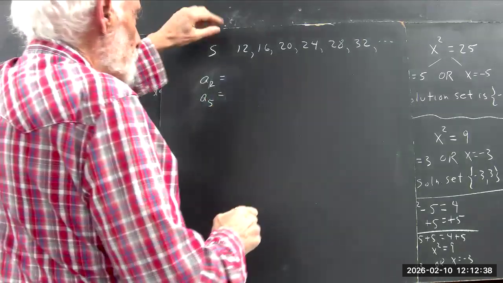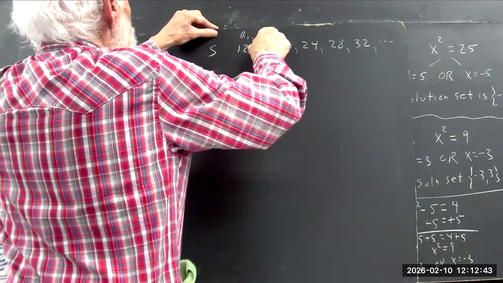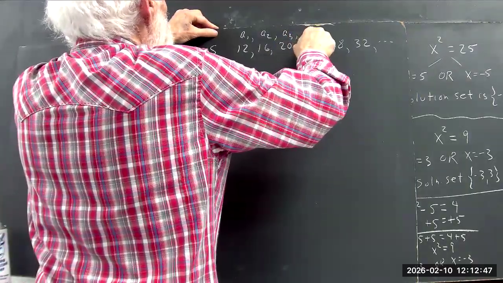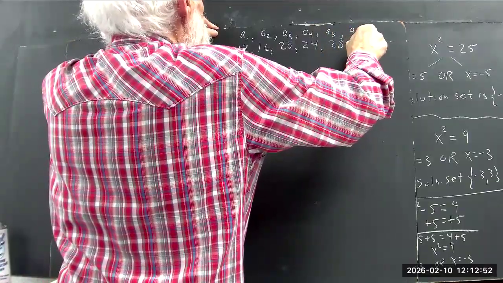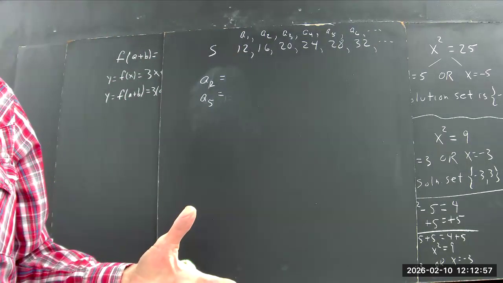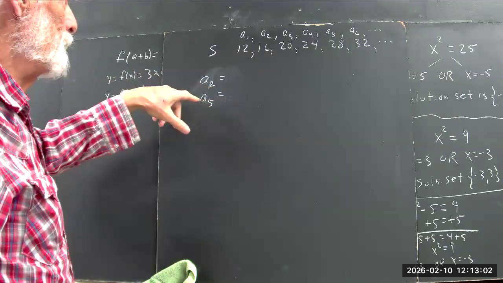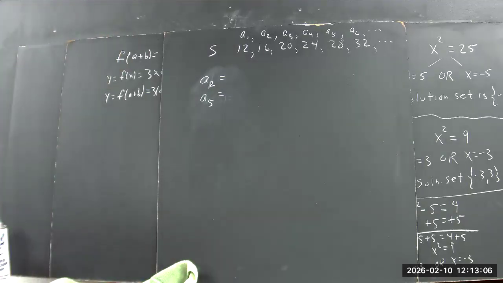Where this is A sub 1, A sub 2, A sub 3, A sub 4, A sub 5, A sub 6, etc. You understand what I'm saying? So what's A sub 2? Write it out. A sub 2 equals, A sub 5 equals. Just want to see if you're locked in this notation.